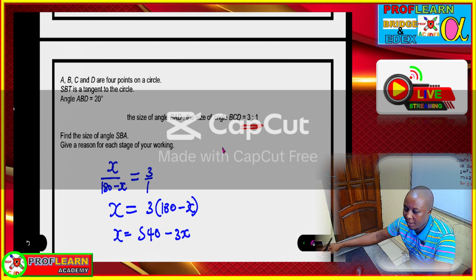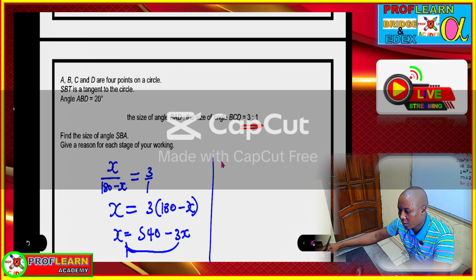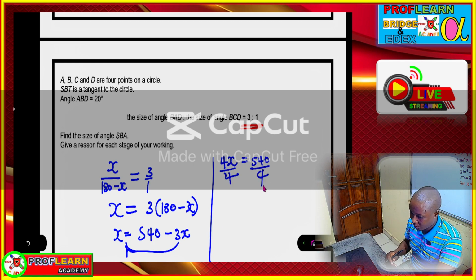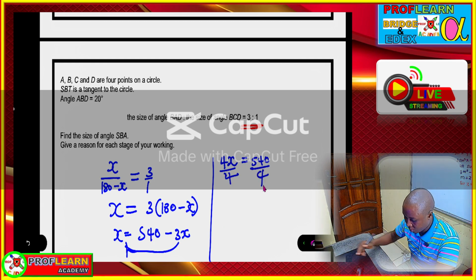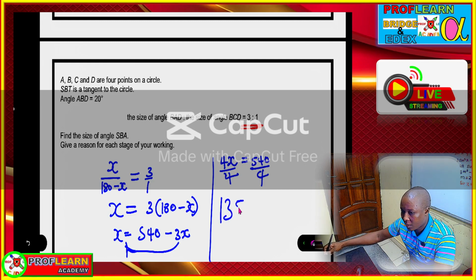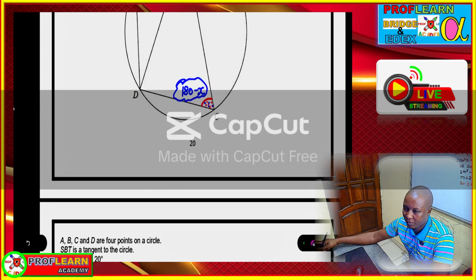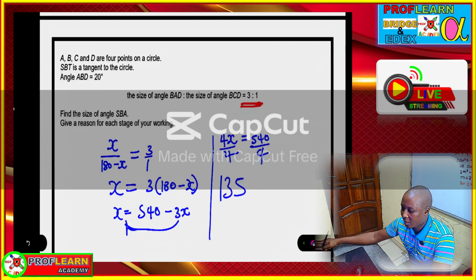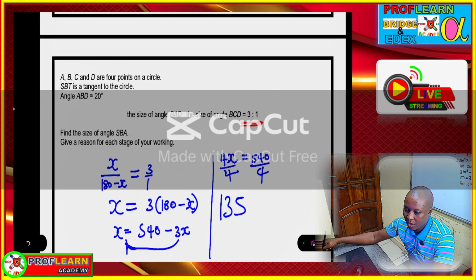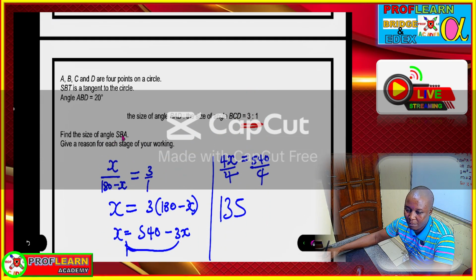So if we take this x to the other side of the equal sign, we shall have 4x is equal to 540. Divide by 4. We are going to get 135. X is 135. But we are supposed to find the size of SBA.